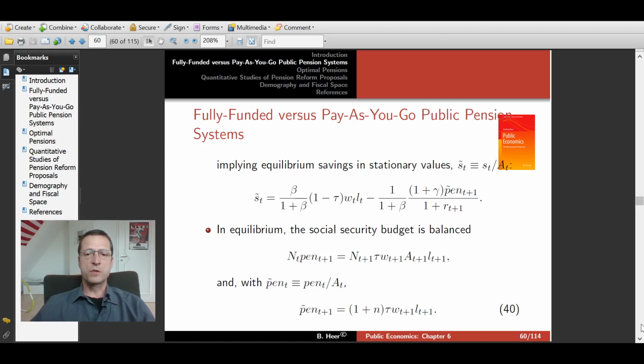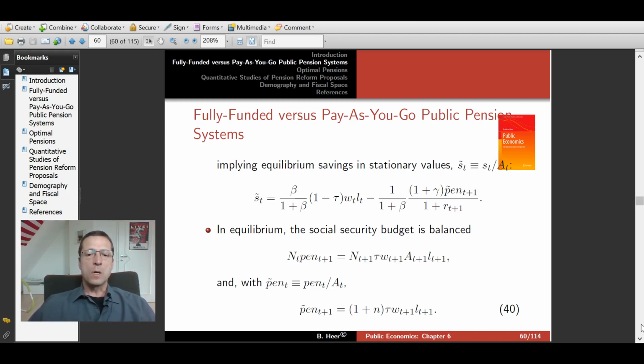Next, we have to consider the condition that the social security budget is balanced. So total expenditures on pensions in period t+1 are equal to total revenues generated in period t+1. We could have also specified it as a balanced budget in period t.